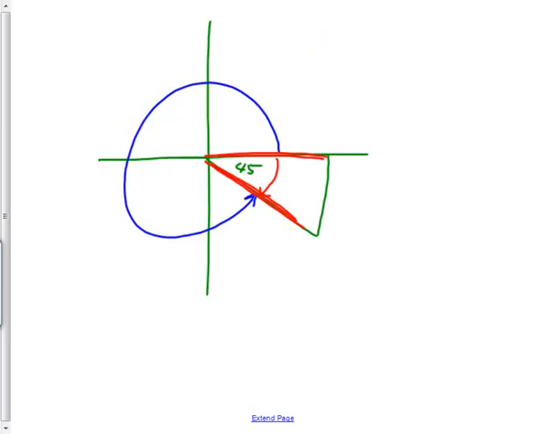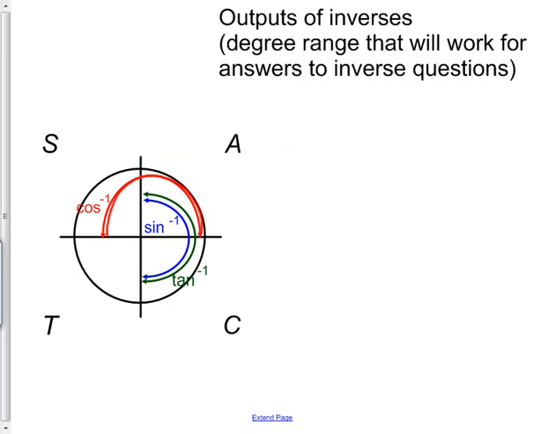So that pictorially looks like this. Sine and tangent are over there on the right side, and cosine goes over the top. This is where it's allowed. So if they ever asked you for an inverse cosine to come out to something down in here, it's not going to work. It's undefined.